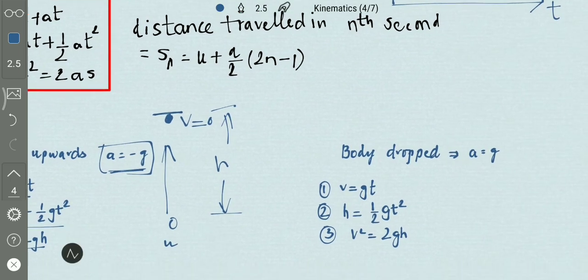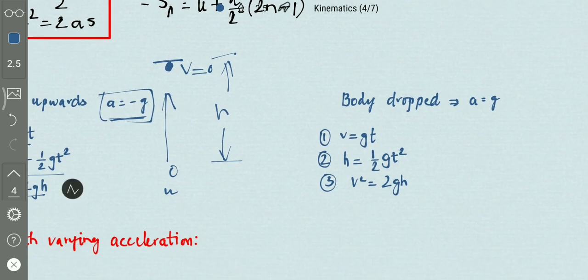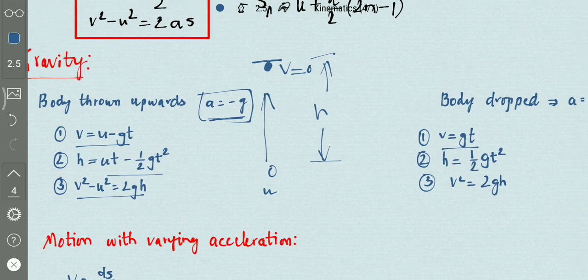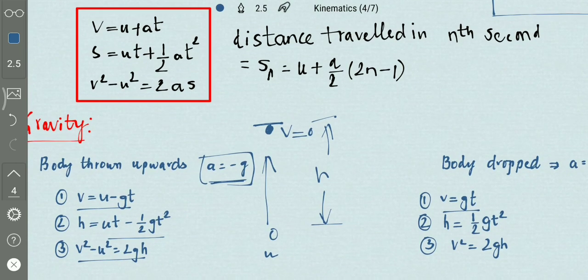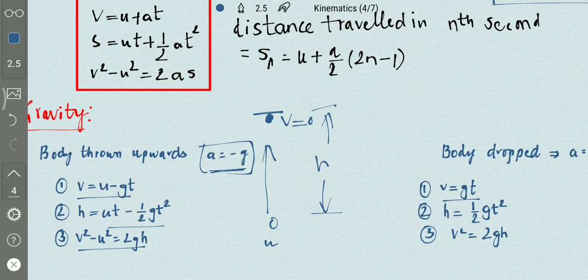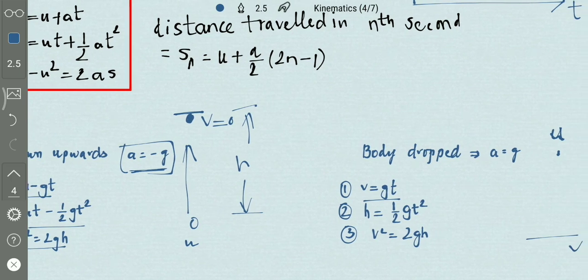When the body is just dropped, the initial velocity will be 0, and the final velocity on touching the ground will be v. So using v is equal to u plus at, u is 0 here, and the velocity is increasing from 0 up to v.